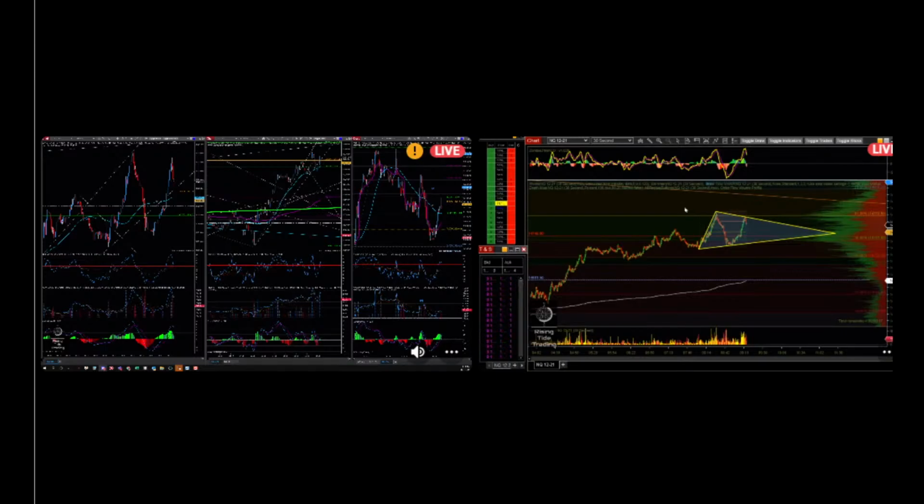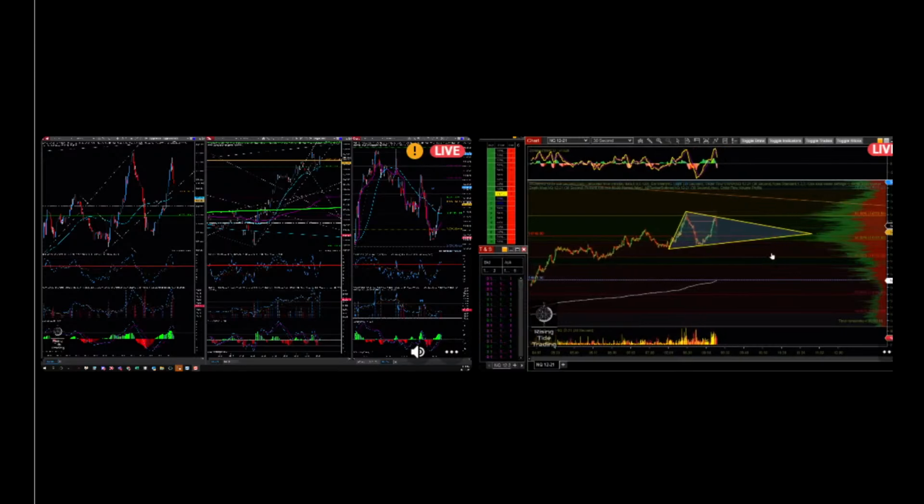I don't think this triangle is gonna work out because of the open, but I'll leave it there just in case. And I do not like a pointy triangle like this. I like triangles that I can do like this, around here. But I do not like it when they extend way too long like this. I don't like it when they extend like that.